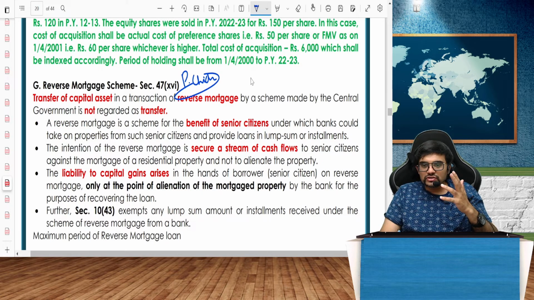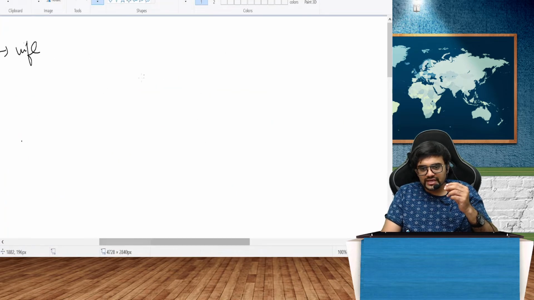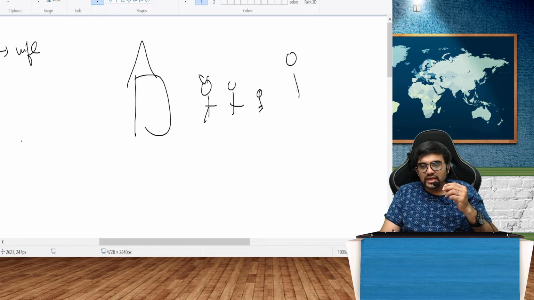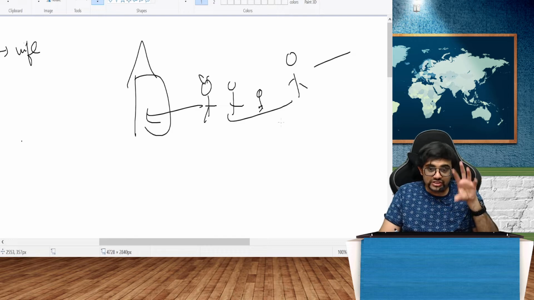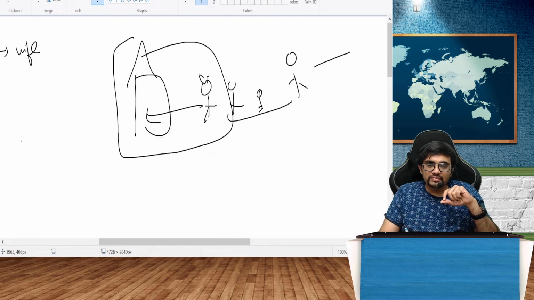Generally what used to happen was, parents had a house and they looked after their children. Children became big and they threw out their parents, ignored their parents and went abroad. Still, at the time of death, the parents used to give the house to the stupid children.